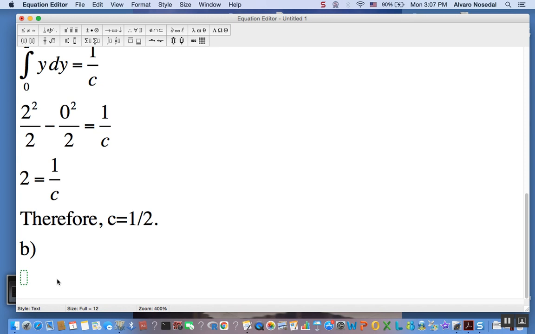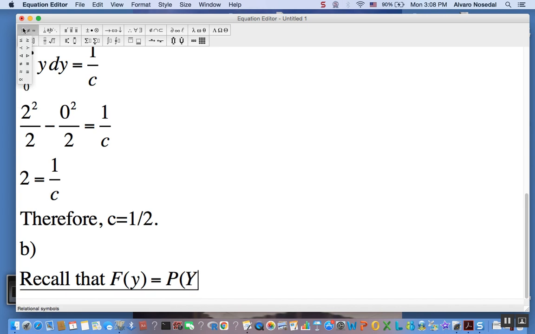Before we do that, let me remind you about something. Recall that uppercase F evaluated at y equals the probability that the random variable is less than or equal to that particular value lowercase y.